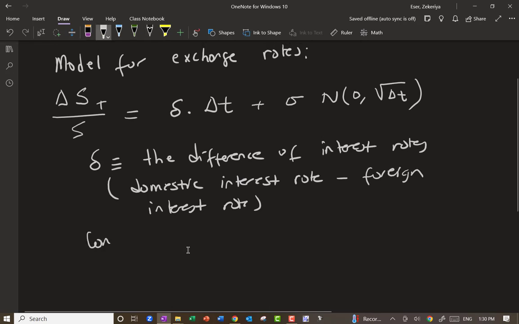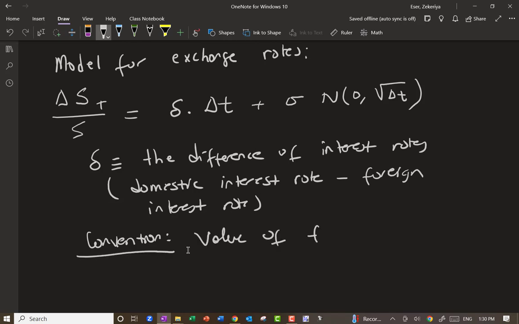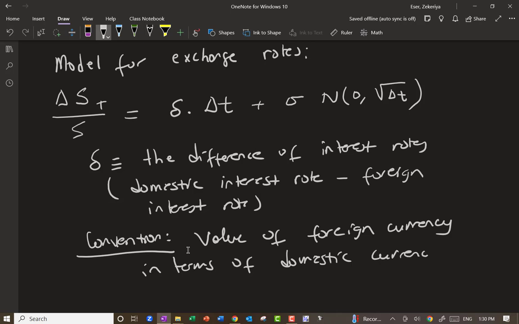and the convention we have is the value of foreign currency in terms of domestic currency. So what we're pricing is how much the foreign currency is worth.